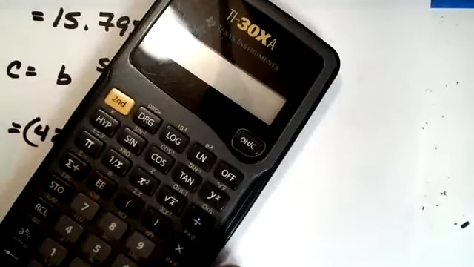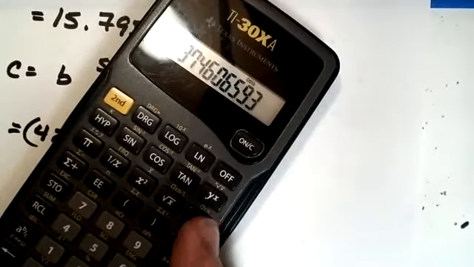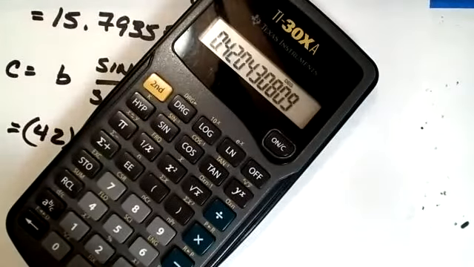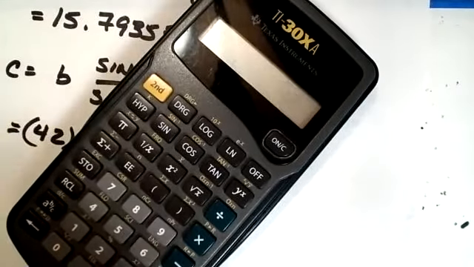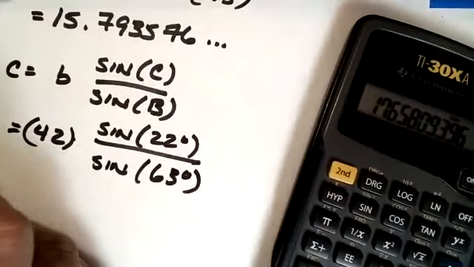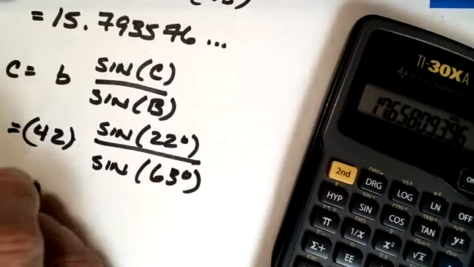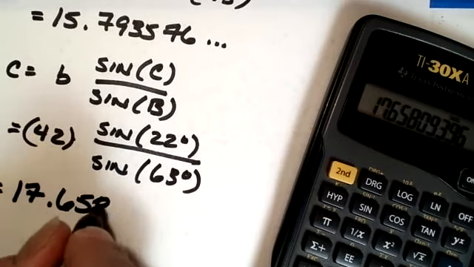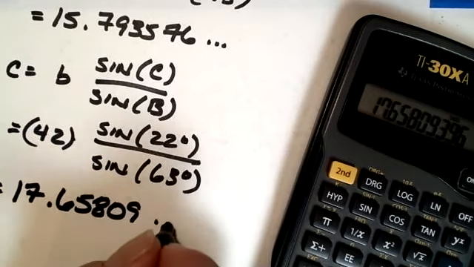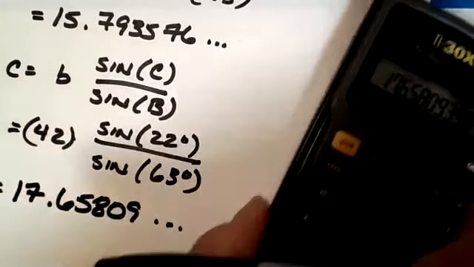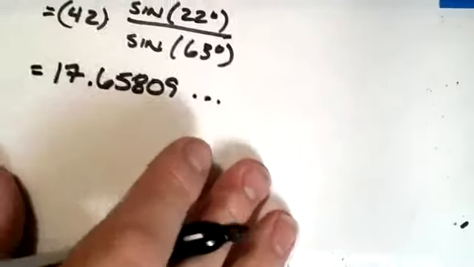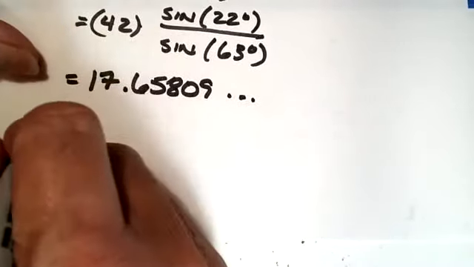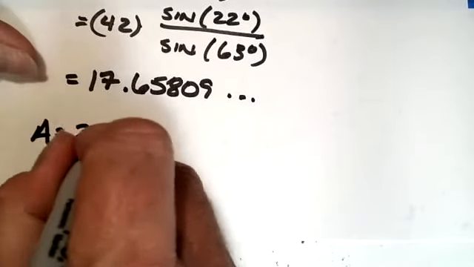So sine of 22 divided by sine of 63, and then times 42, we have 17.65809, whatever.